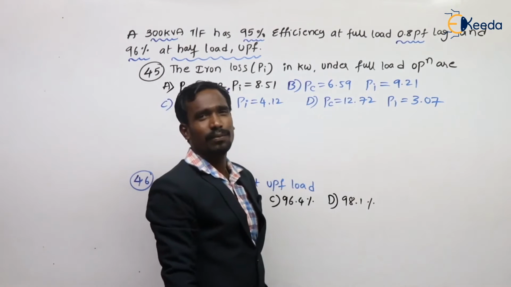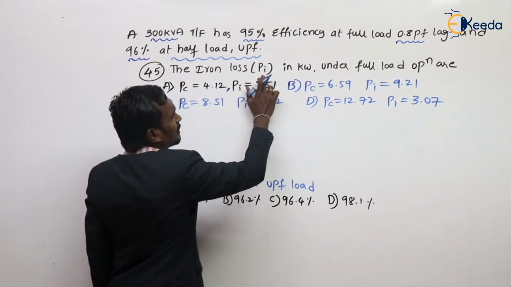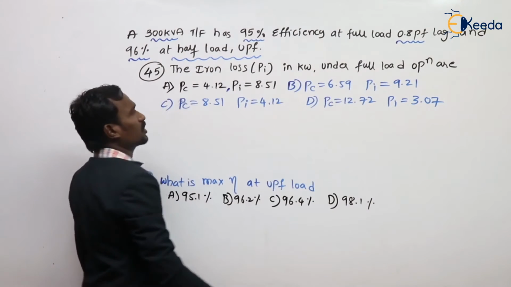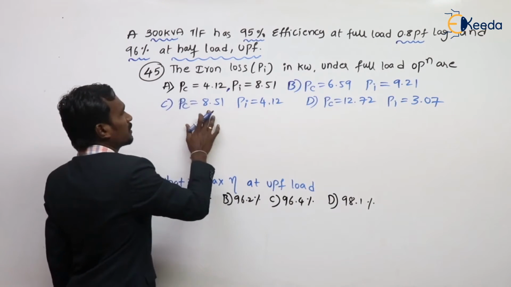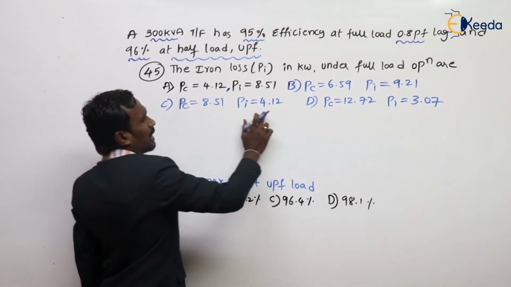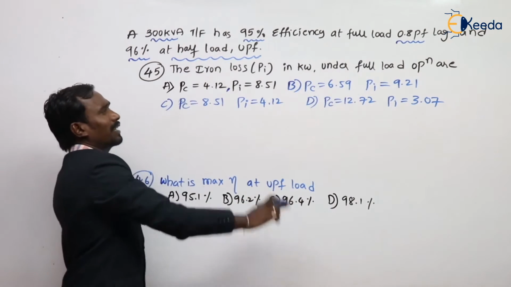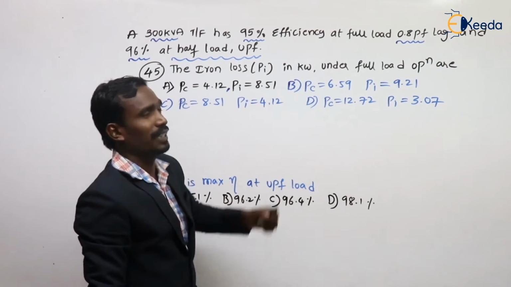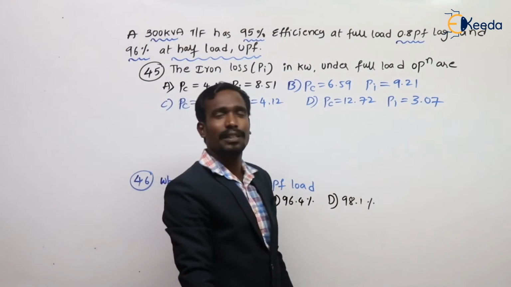They gave the data. Now the question: the copper losses and iron losses in kilowatts under full load operation. See here the options, copper losses, iron losses. At full load operation they want that, not at half load.